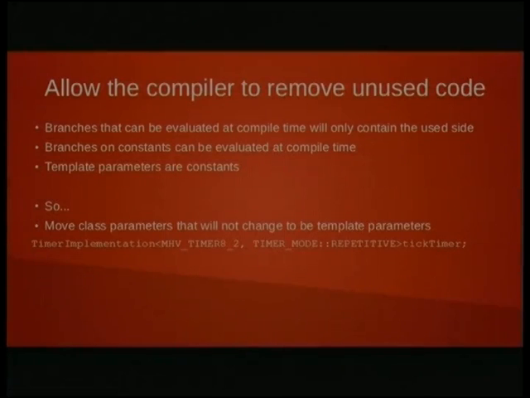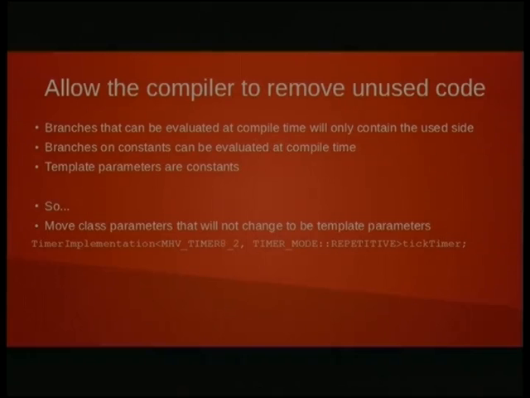You can also remove some unused code in the compiler. This was a technique that I learned a few months ago, and it resulted in a very, very major rewrite of the library.